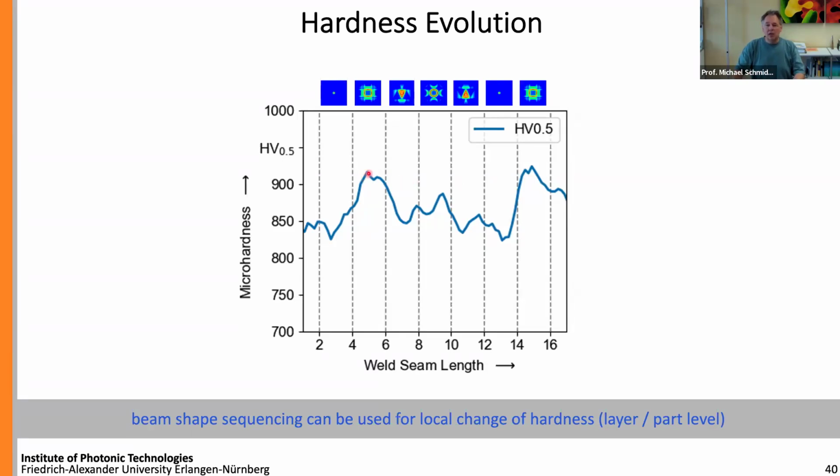And again, here we have, as we expected, for the fastest cooling situations with the bigger molten pools that are shallower, the highest hardness. So also the hardness can be locally tuned by changing the beam shape.